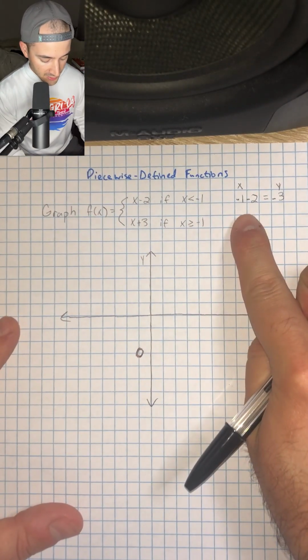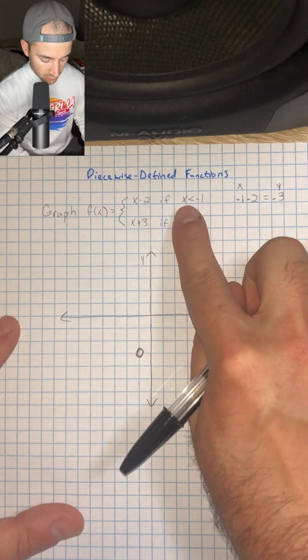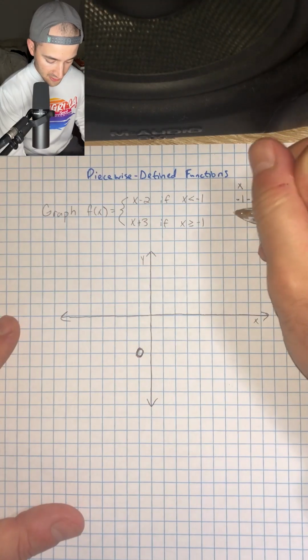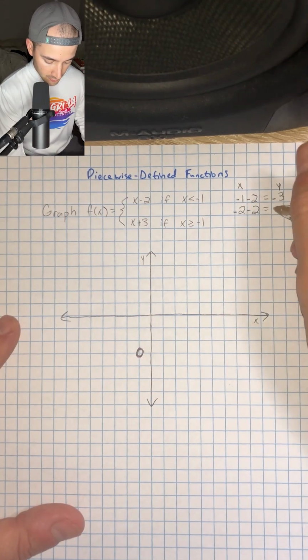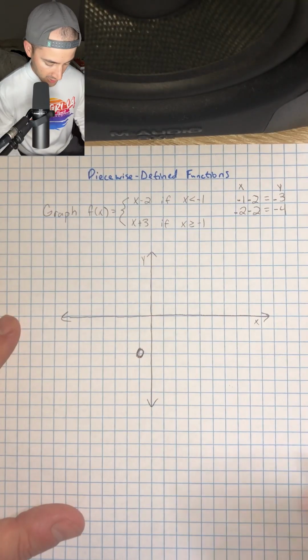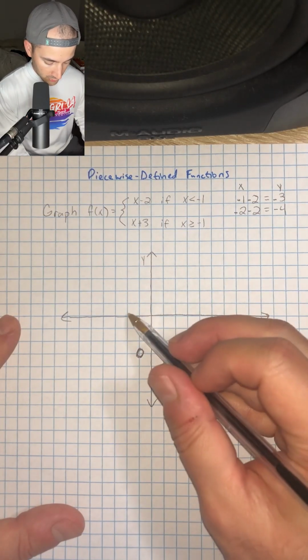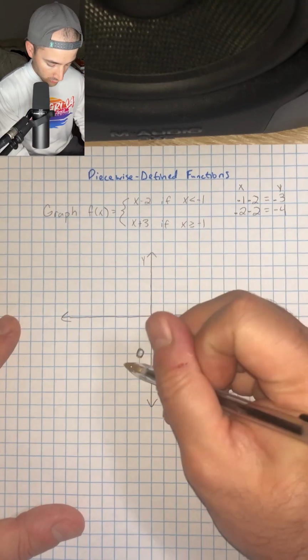So let's go ahead and get at least one more value. We only use this if it's less than negative 1, so let's use negative 2 now. Negative 2 minus 2 is equal to negative 4. Okay? So that means that we have a point at negative 2, and then down 4, 1, 2, 3, 4.